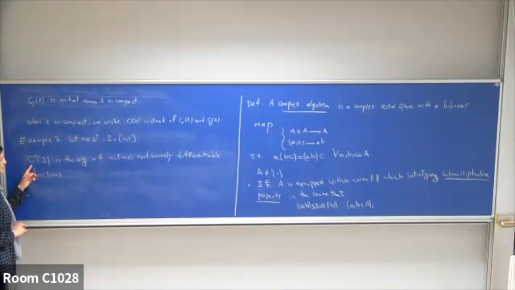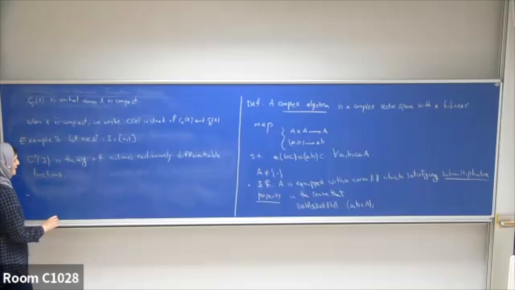I think you've seen the norm which makes it a Banach space. And here I want to make it a Banach algebra. I define a norm similar to that I think you saw before.